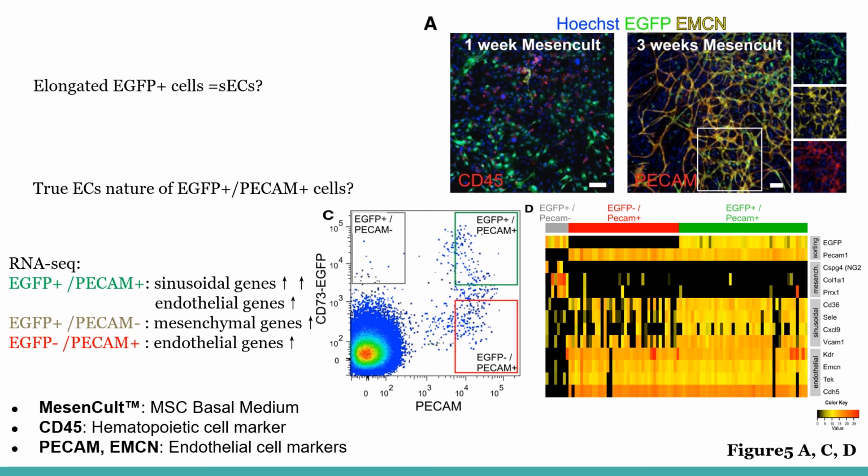So they did flow cytometry and RNA sequencing, and they divided the cells into 3 populations. The double positive expresses sinusoidal and endothelial markers, which may indicate SECs, and the EGFP single positive expresses mesenchymal markers, which indicates MSC cells, and the PECAM positive single positive may indicate the AEC cells.